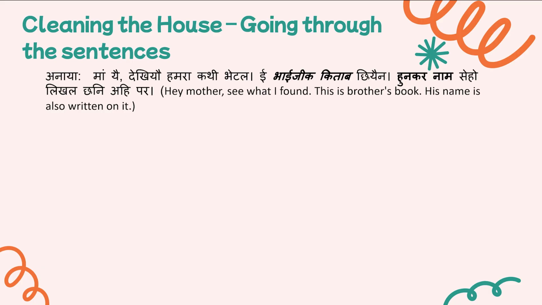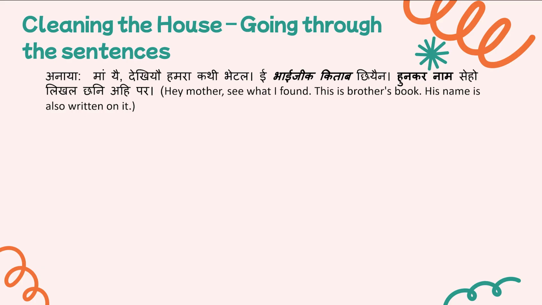See what I have found. ई भाईजी के किताब छियन. Now भाईजी would usually stand for someone, a brother who is elder. So भाईजीक would mean of elder brother, and then kitab is of course book. So ई भाईजी के किताब छियन would mean this is elder brother's book.